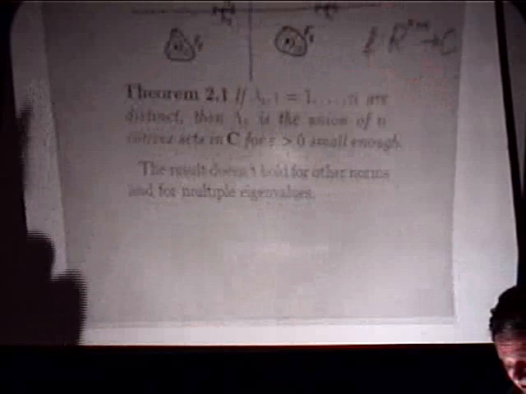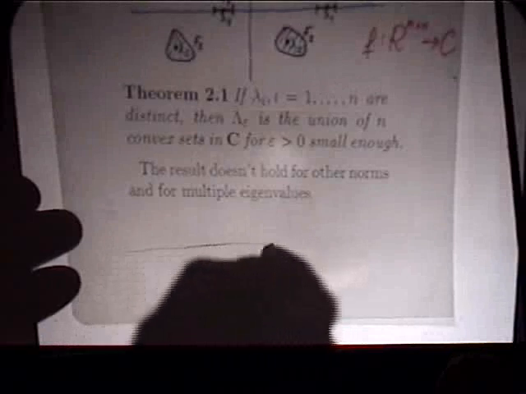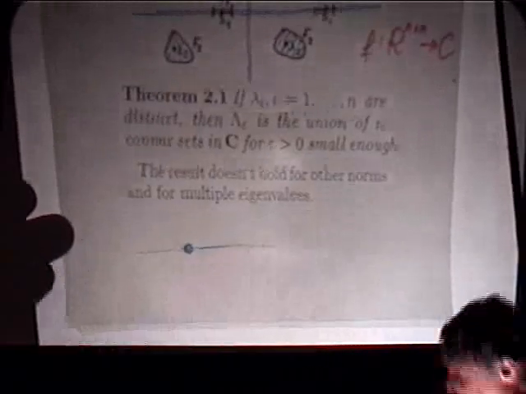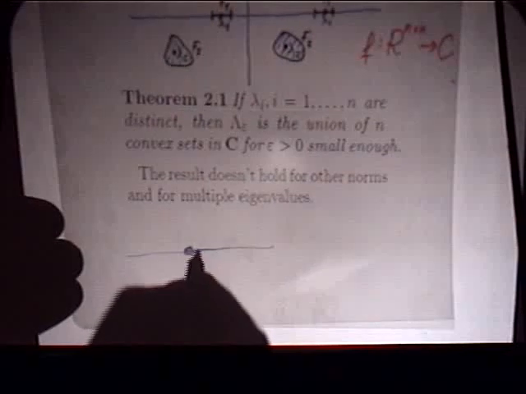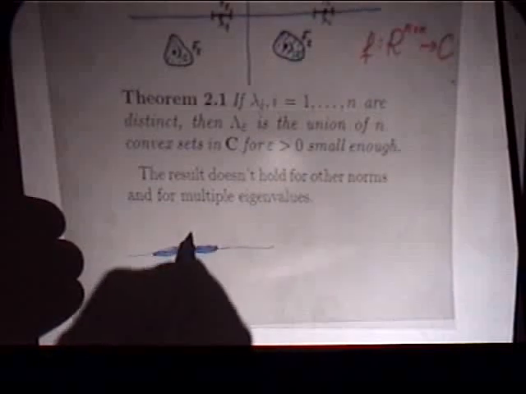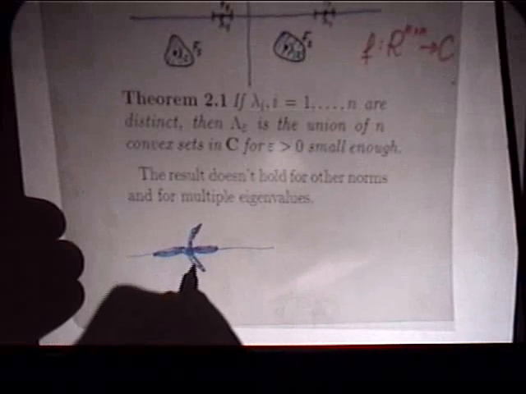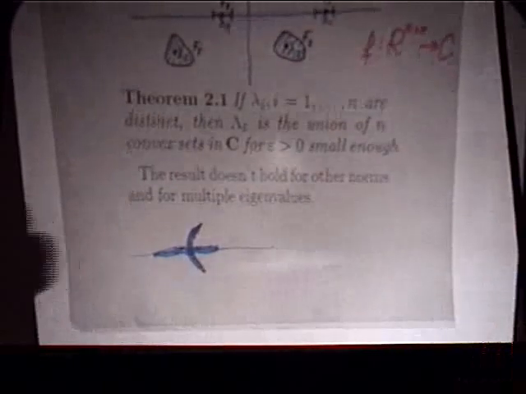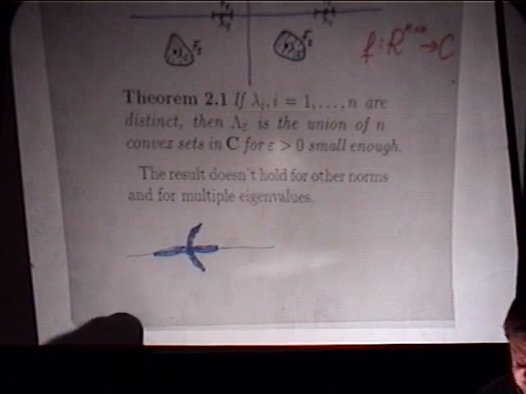For instance, if we have multiple eigenvalues, say an eigenvalue of multiplicity 4, then for perturbed matrices, for small perturbations, it looks like something like this in many cases. So the image is some set like this one. It's non-convex, even for small epsilon. So this assumption is essential.